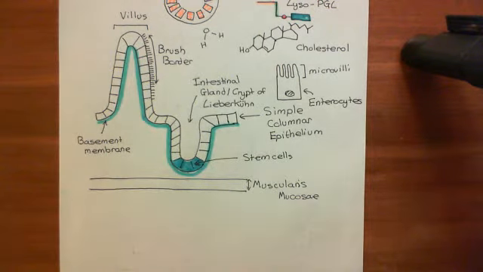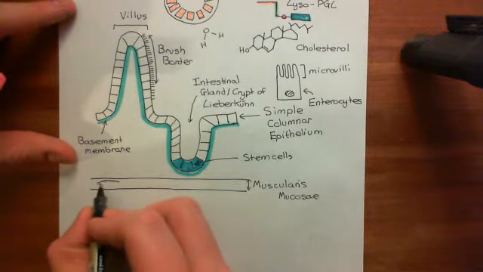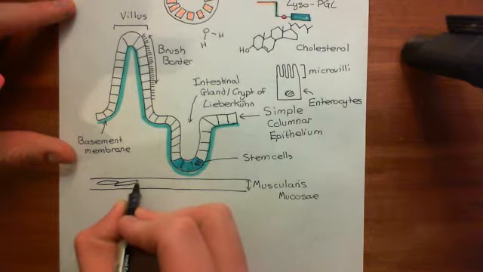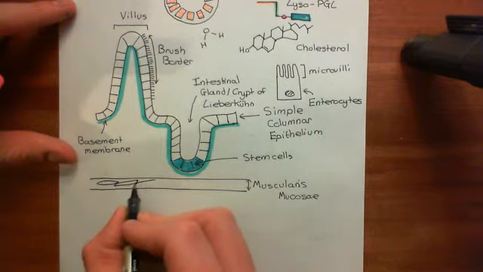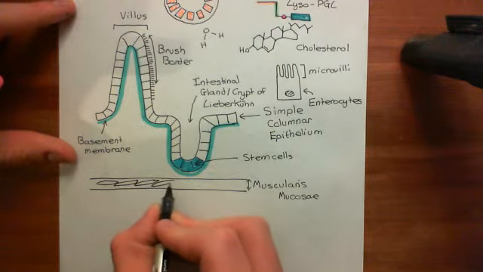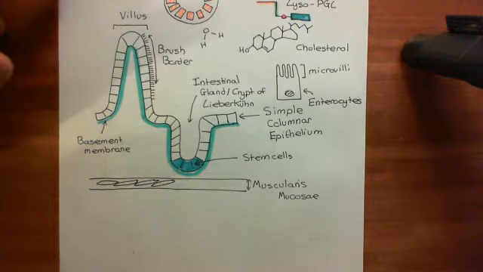This muscularis mucosae consists of loads and loads of smooth muscle cells connected to one another. It's not a particularly thick layer, it's a very thin layer of smooth muscle cells compared to the main proper muscle layers of the small intestine, which we'll see in a moment.